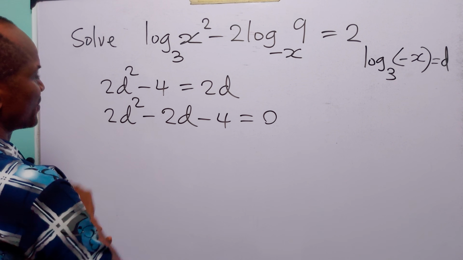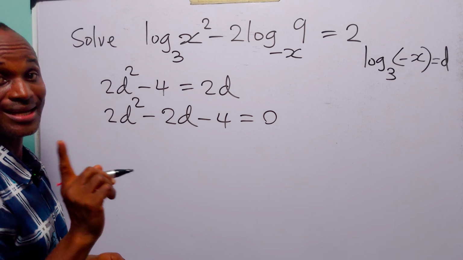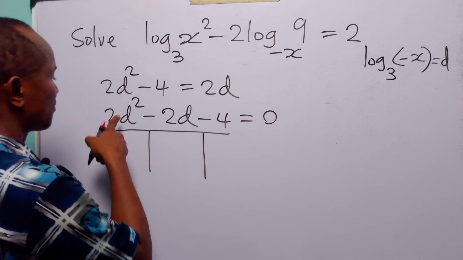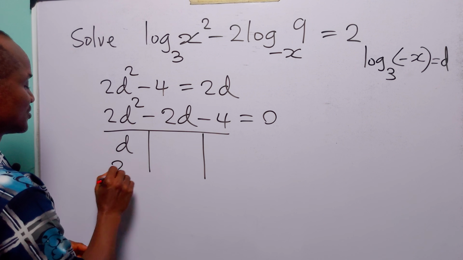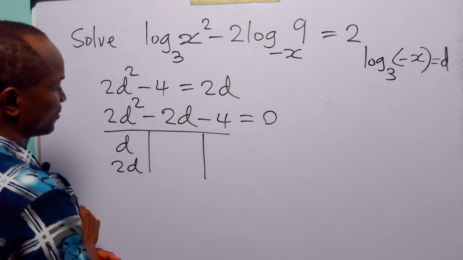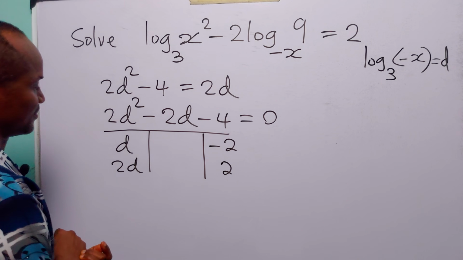We can solve this quadratic equation by factorization. Since the coefficient of d squared is not 1, let us use the table method. What are the factors of 2d squared? We have d and 2d. What are the factors of minus 4? We have minus 2 and 2.